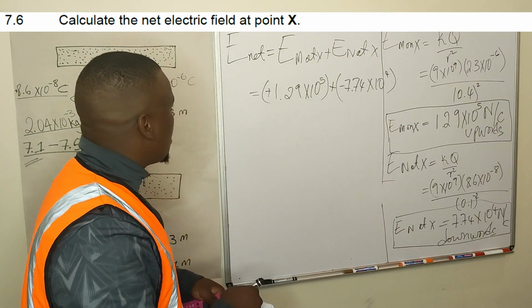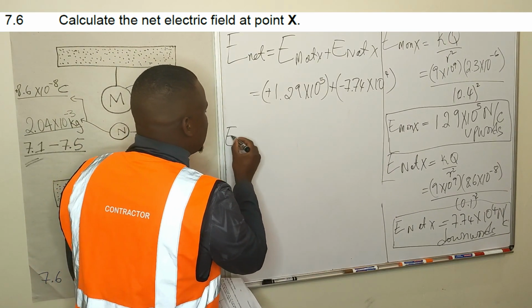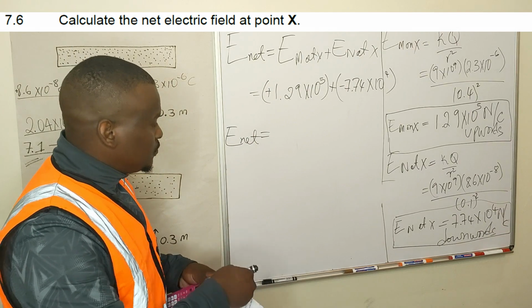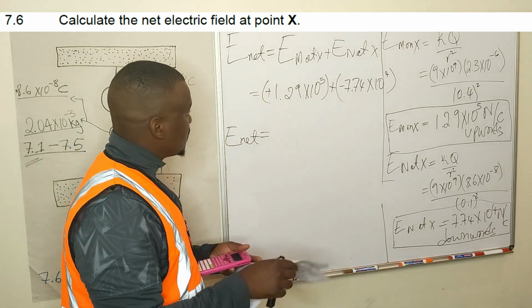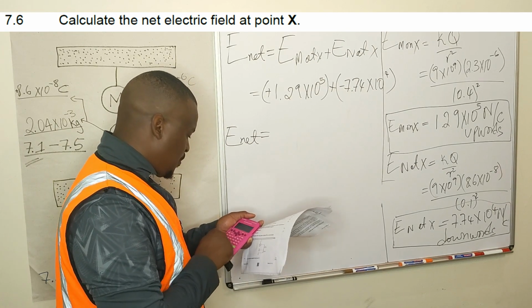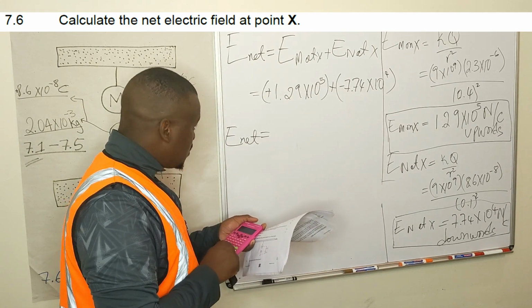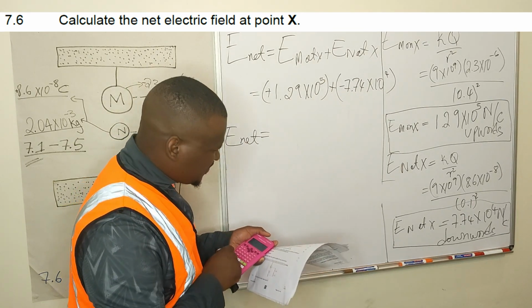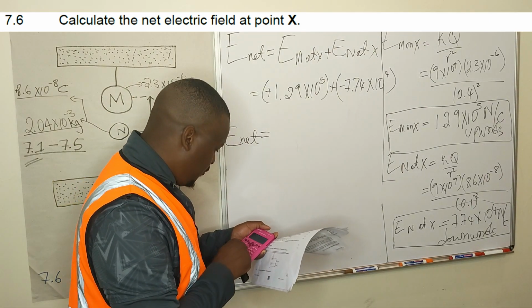Then punch this on our calculator to find that E net is equal to 1.29 times 10 to the power 5 plus negative 7.74 times 10 to the power 4.